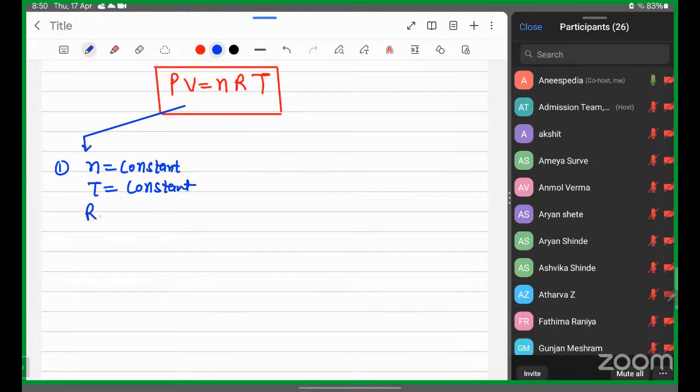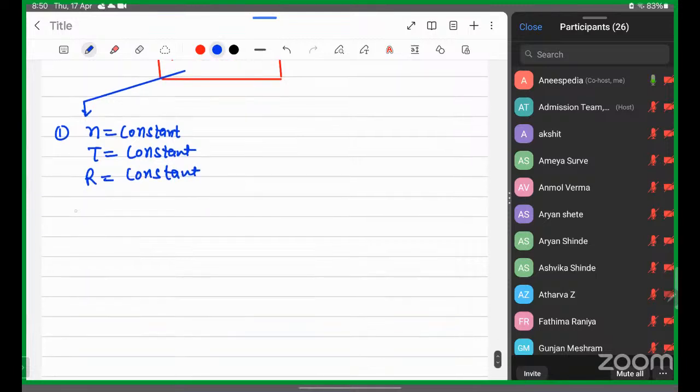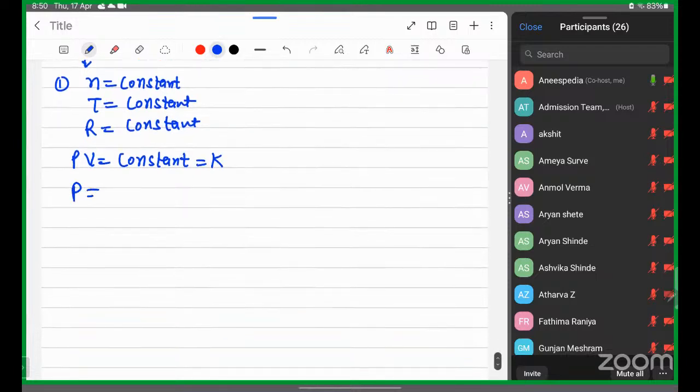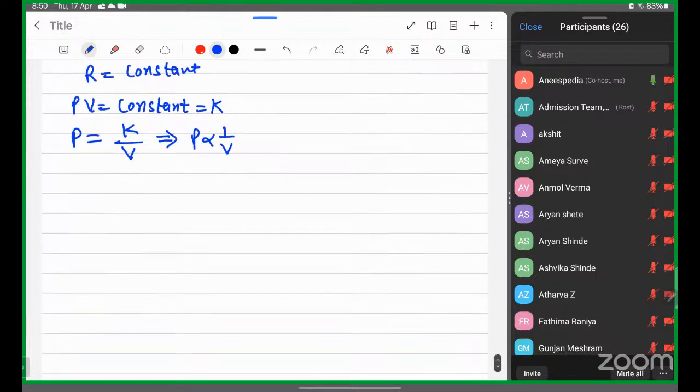R is by itself constant. So according to this condition, PV will be a constant. Let's say the constant is K. So we can state that P = K divided by V, which is given as P directly proportional to 1 by V.